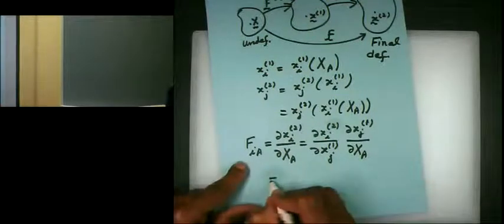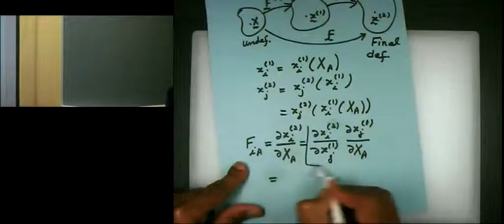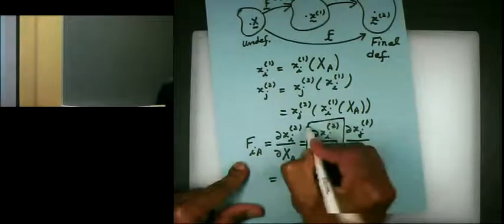So how can I write this in terms of deformation gradient? What is this quantity in the box in terms of F1 and F2?